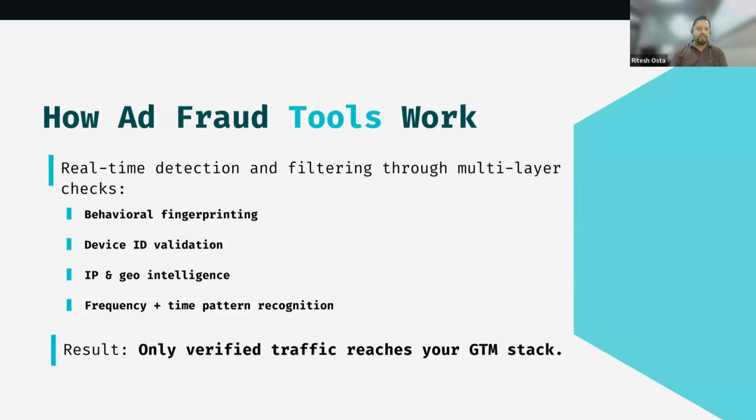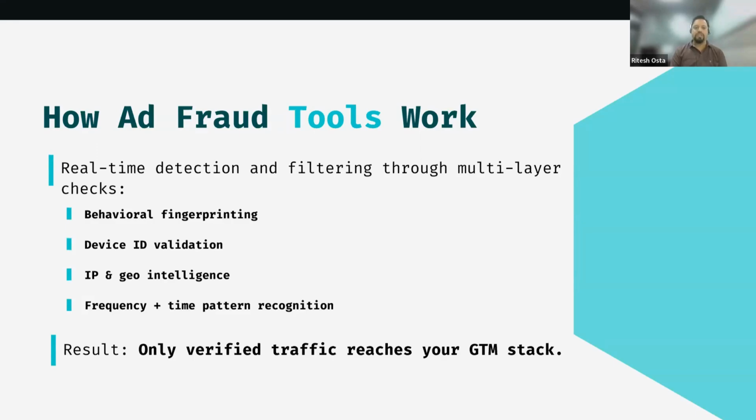Next is device ID validation. That means checking the device from which those clicks and bots are coming, and whether the device can be validated. Then IP and geo intelligence: what is the geography they are coming from? You're running ads in the US, so whether the clicks are actually coming from the US is a question that needs to be answered.